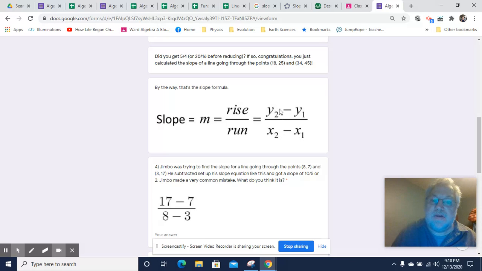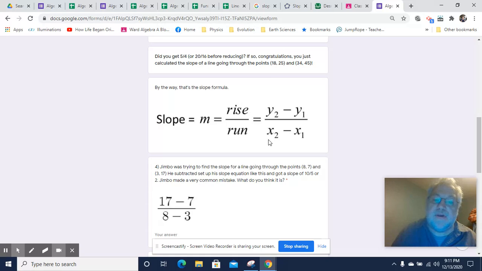And notice that there is an order to this. If we picked point 1, x1, y1, we're trying to figure out the rise to y2, so we subtract y2 minus y1, and then we also subtract x2 minus x1 to get the run from x1 to x2.